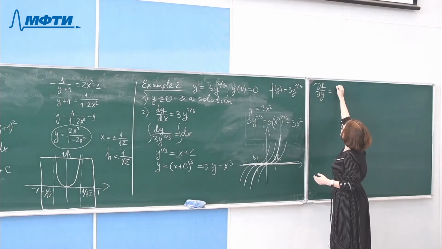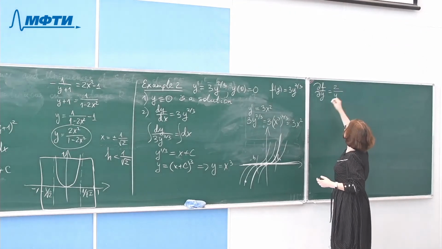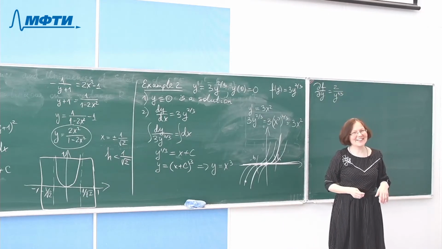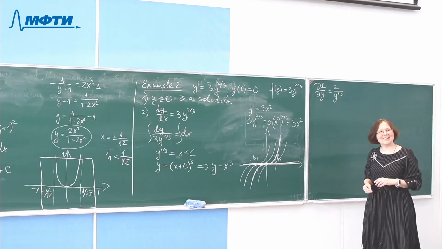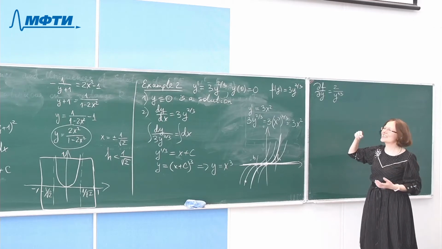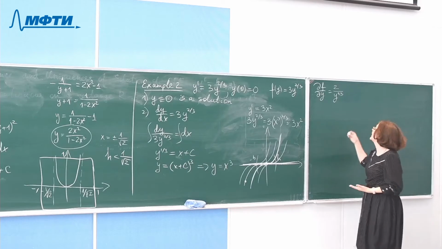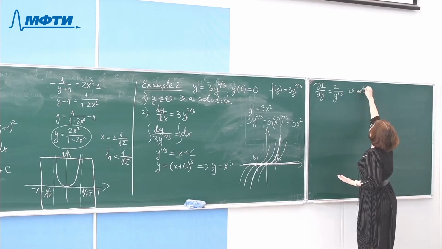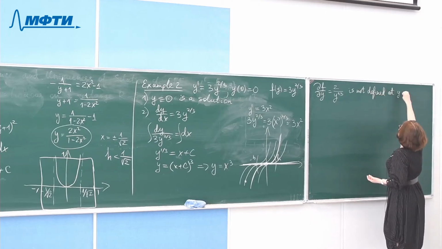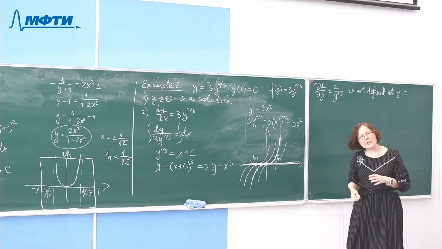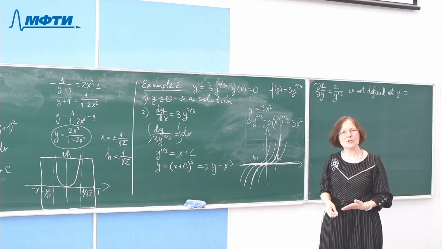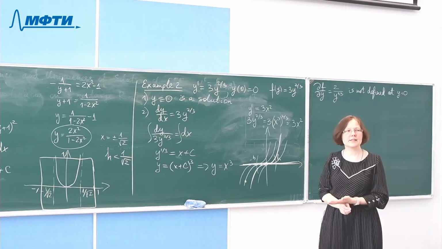Right, it is 2 over y to the power 1/3. Is it continuous? Where y is equal to 0, it is not continuous, and it is not even defined at 0, right? So this requirement is also important. The partial derivative of f with respect to y should be continuous, and we will use this in our proof.